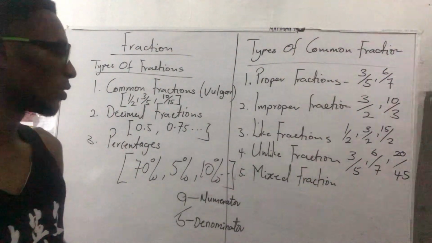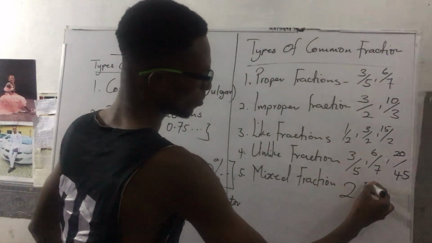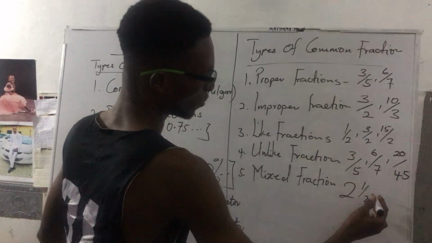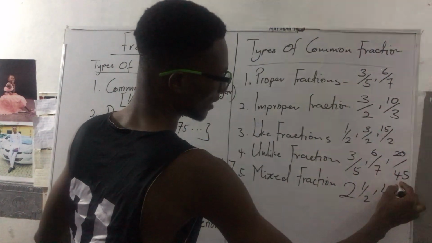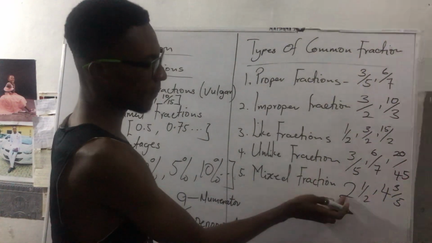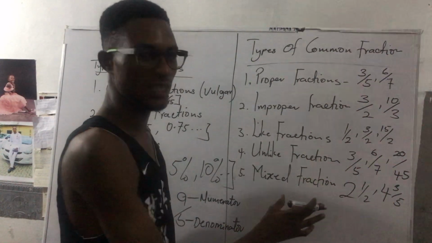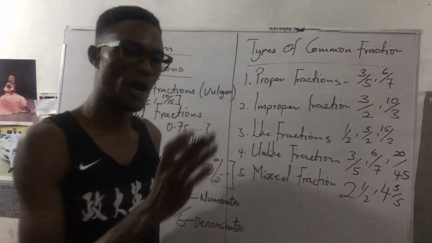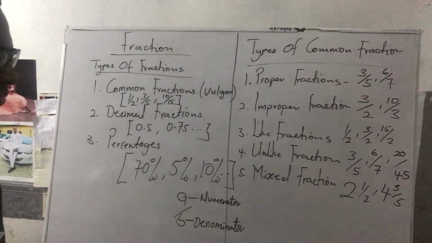Now the next one that we'll be looking at is the mixed fraction. It's of the form 2 and 1 over 3, or 4 and, let's say, 3 over 5. Now this is a whole number and this is a fraction. So a mixed fraction contains both a whole number and a common fraction.